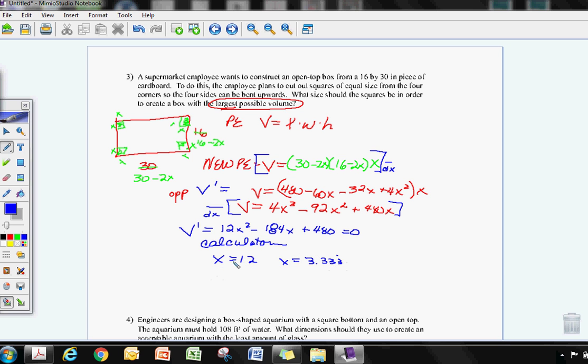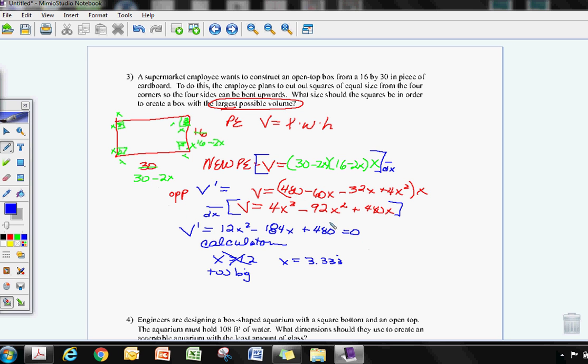It can't be 12. It's too big. If you plug it into the dimensions, it's too big. You can't work it out up here on the side of 16. So the x value has to be 3.33.